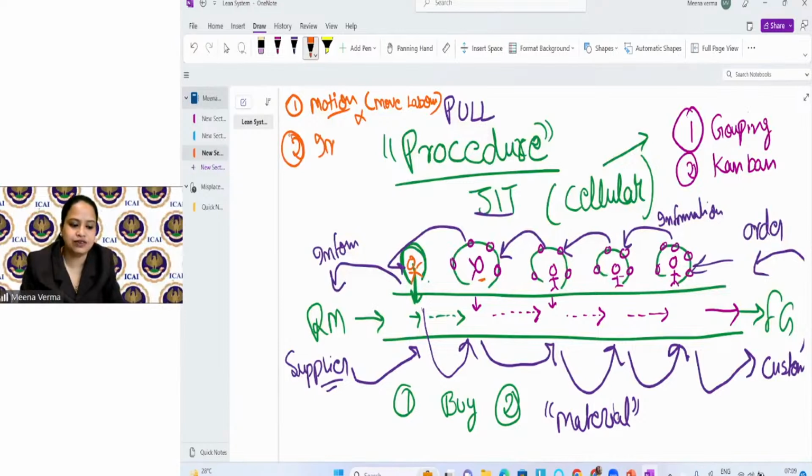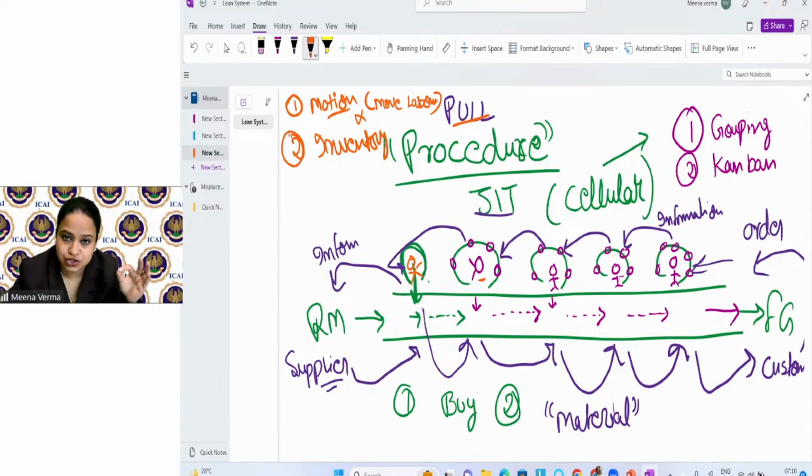Second, inventory. Since it is working on a pull processing system, there is neither accumulation of raw material, nor accumulation of final goods, nor will you find any work in progress, since it is working on cellular manufacturing.